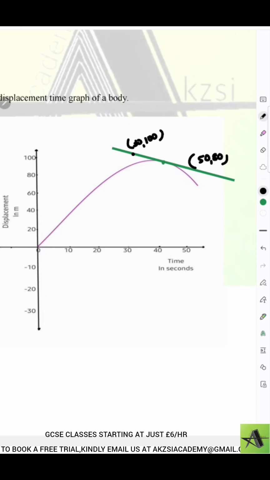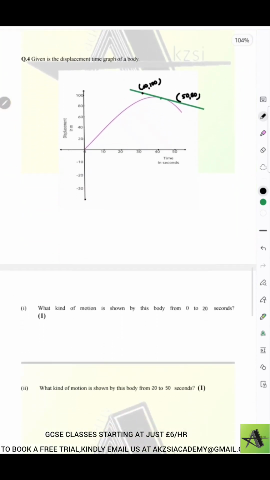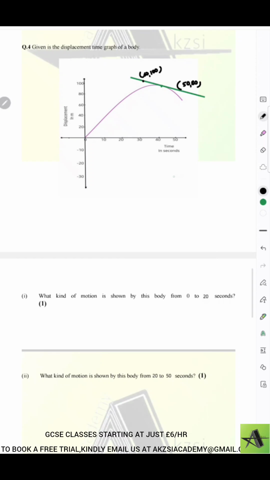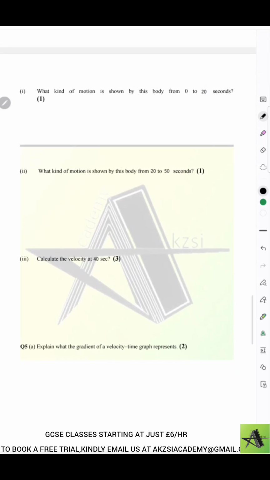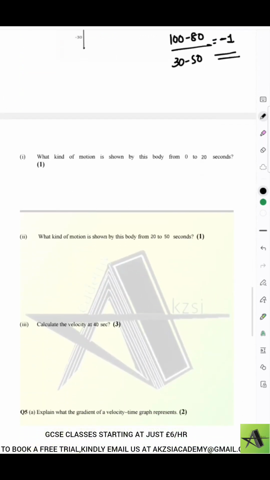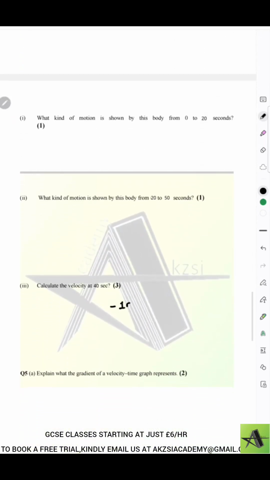Now we can calculate the gradient, which is change in y over change in x. That means 100 minus 80 over 30 minus 50. That will give me minus 1. So minus 1 is the velocity at 40 seconds, minus 1 meters per second.